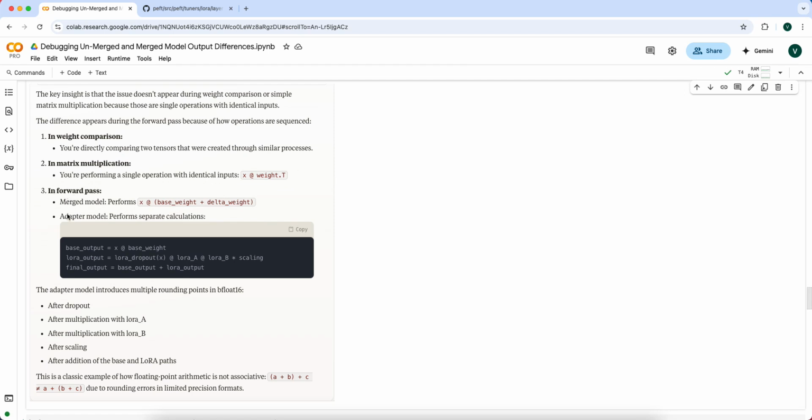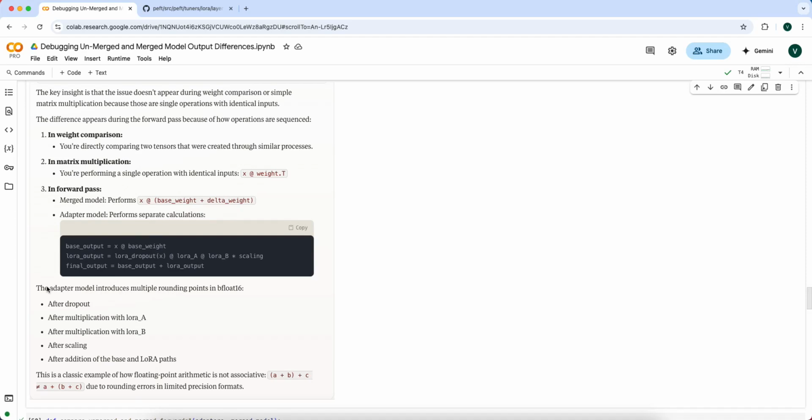However, in the forward pass, the merged model has a single operation, whereas the adapter has 3 to 4 operations, minus LoRA dropout because we're in eval mode. And so this adapter model introduces multiple rounding points because of these multiple operations.